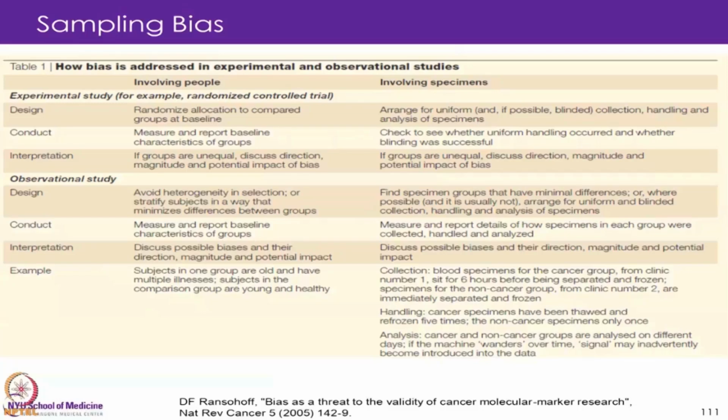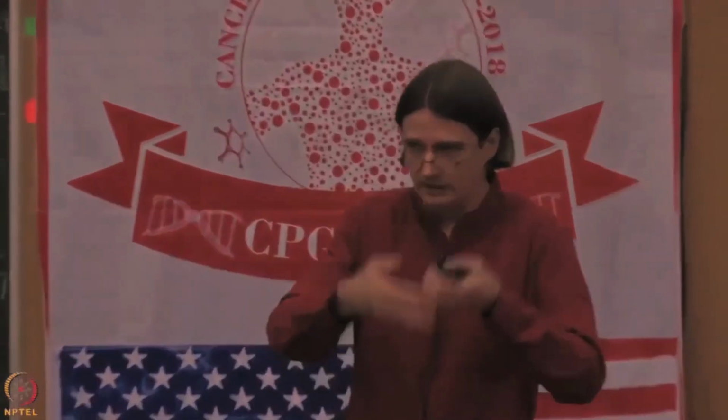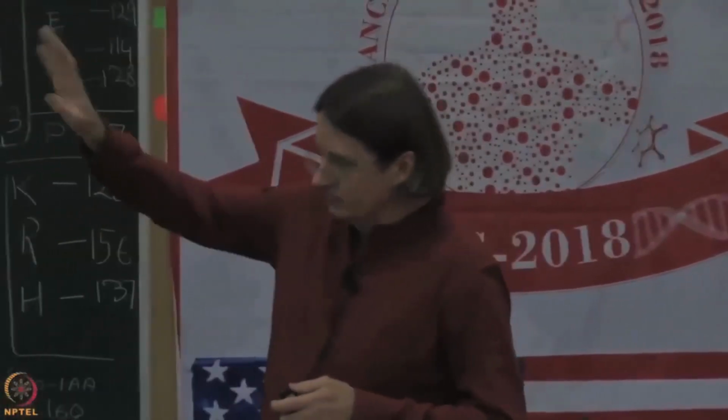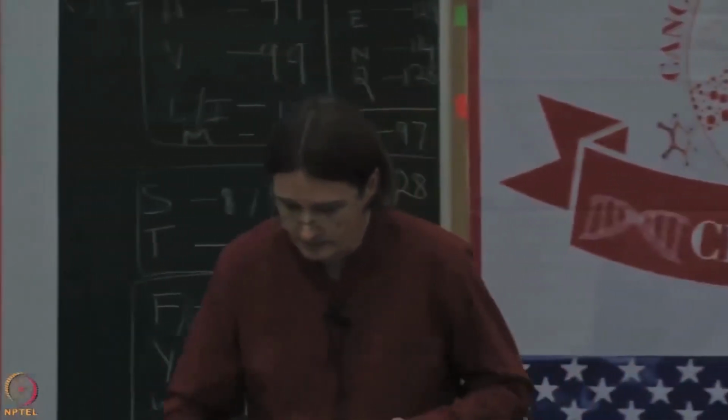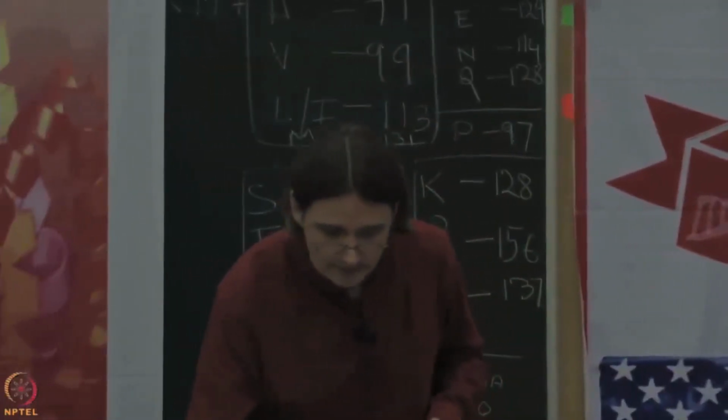For example, if one develops a blood test for early detection, one shouldn't collect the normal samples in a different clinic than the samples from people that have cancer. There are a lot of things to think about.